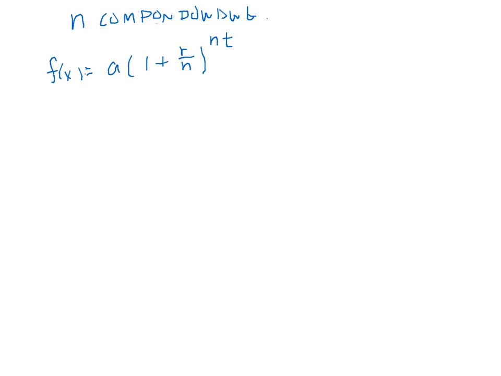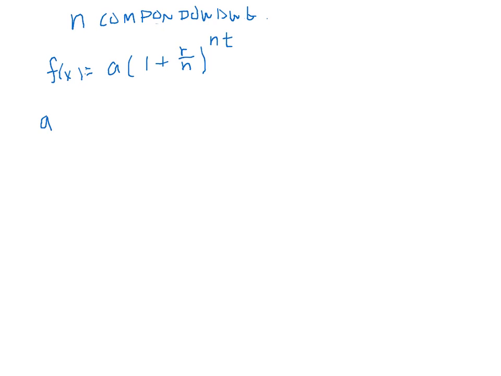So typically, a great example for just compounding interest would be annual compound interest. So let's suppose that we had an investment of $1,000.